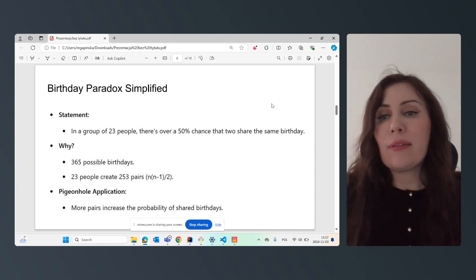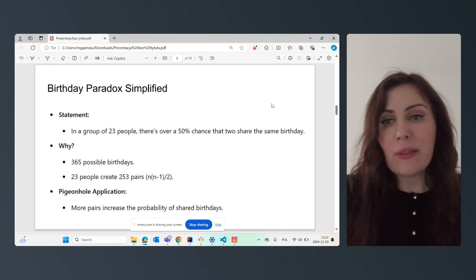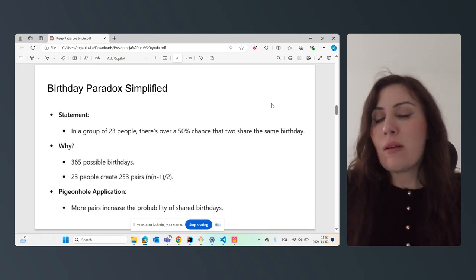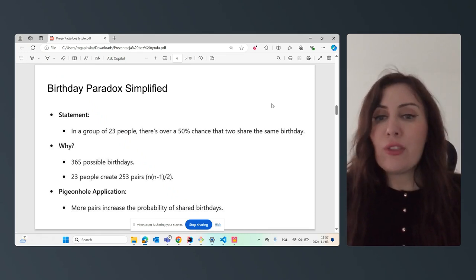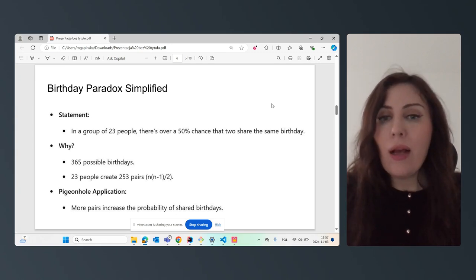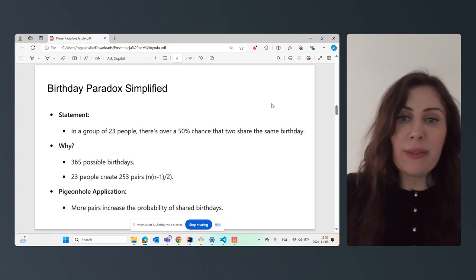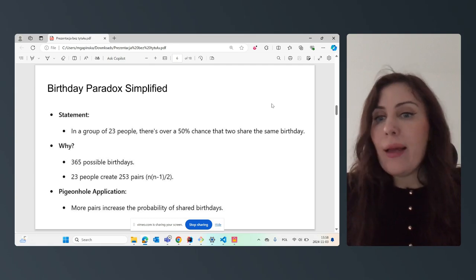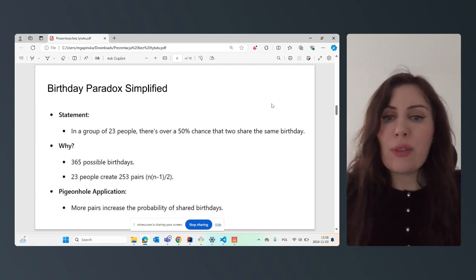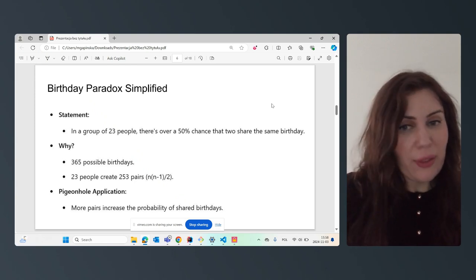Explanation is that there are 365 possible birthdays, and there are 23 people, which create 253 pairs, which is described by this pattern here. And pigeonhole application: more pairs increase the probability of a shared birthday.